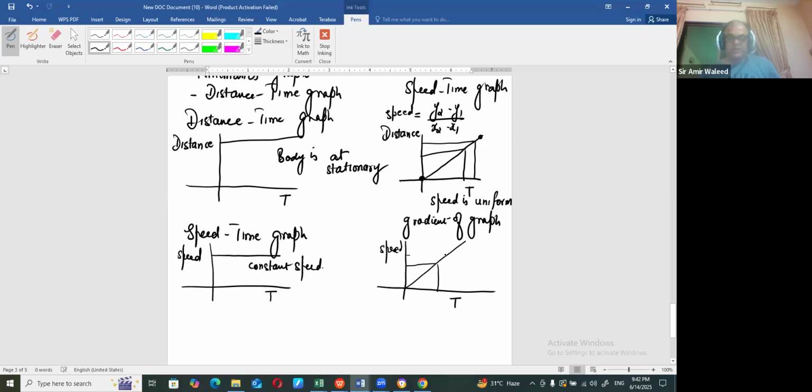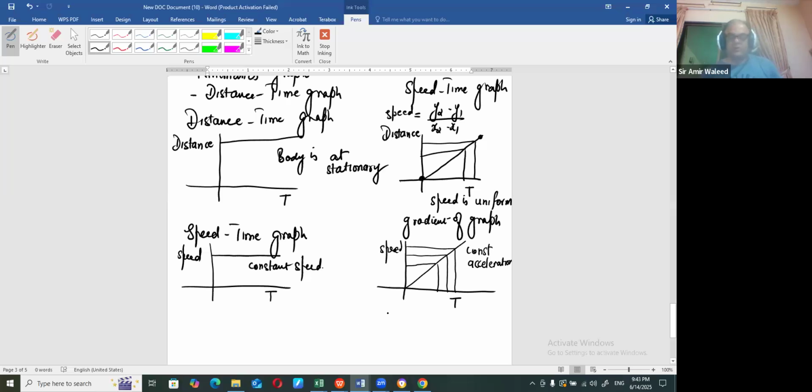There is a change in speed or change in velocity at equal intervals of time, which means the body has a constant or uniform acceleration. Remember that we have constant accelerations in our course only. So it's called a constant acceleration graph, right?